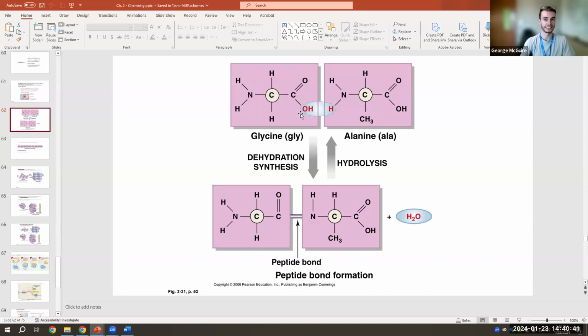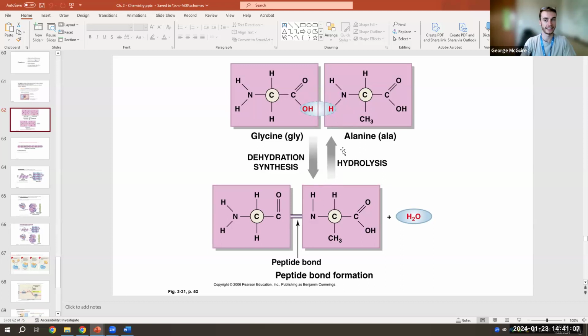So dehydration synthesis is removing a hydrogen from one molecule and a hydroxyl group from the other. So creating one full new water and creating two available bonds now. We have one bond on this carbon available, one bond on this nitrogen available, and they can now bond with each other. So dehydration synthesis removes the water molecule to allow two molecules to bond to create one larger molecule.